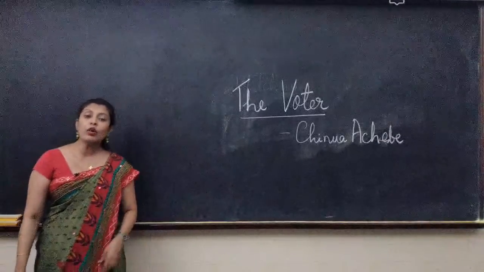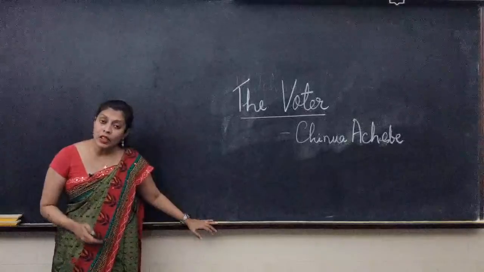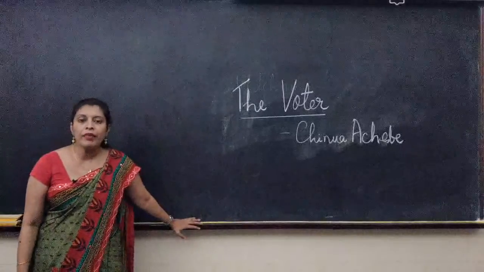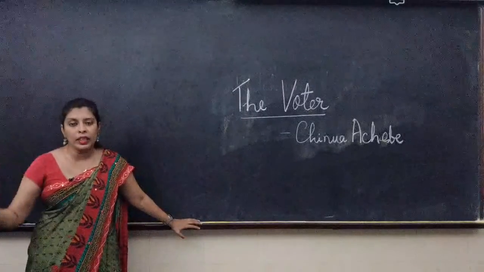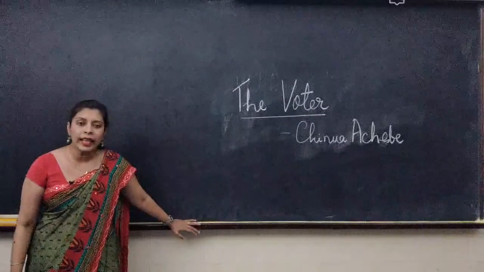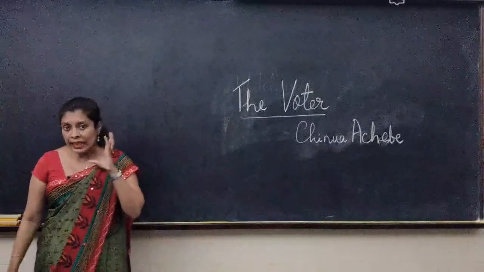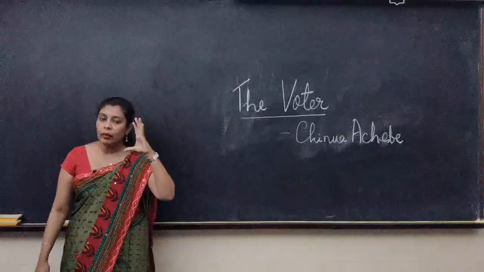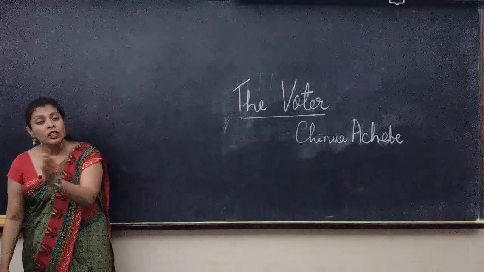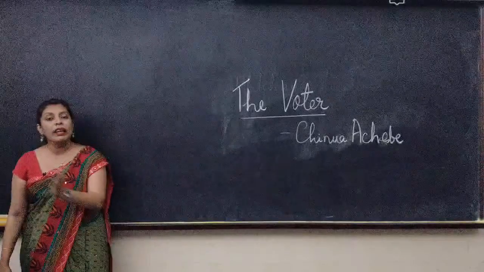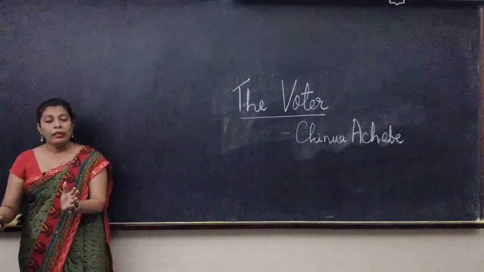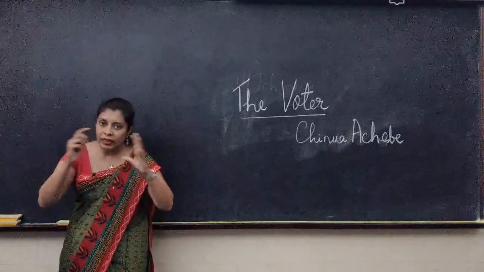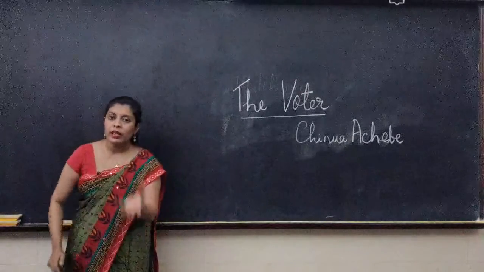Now, as I told you earlier, the general elections take place every 5 years. Every 5 years, the government changes or there will be a change. Election takes place. So now, the author has based this lesson in a period where elections were going to be held after 5 years, right? What is the incident on which this lesson is based?